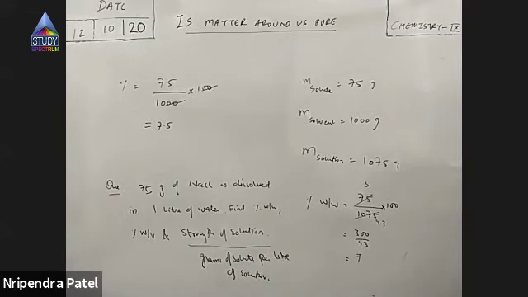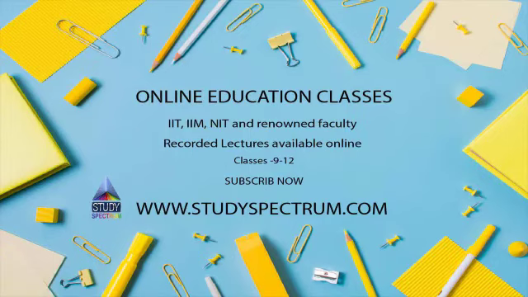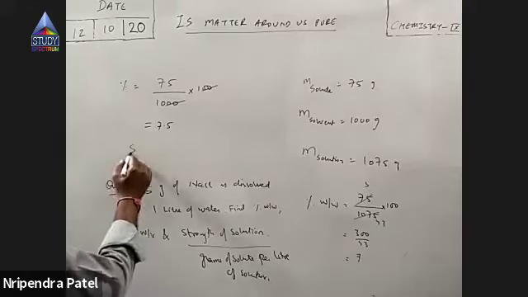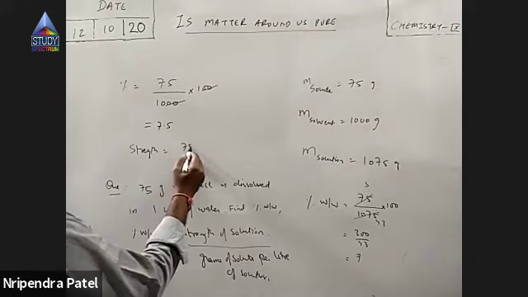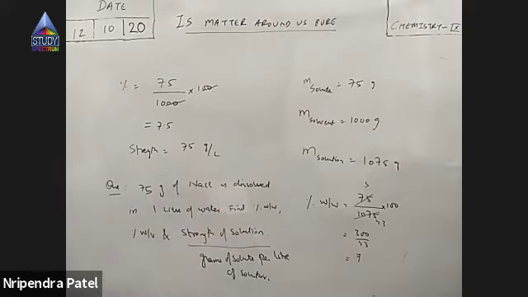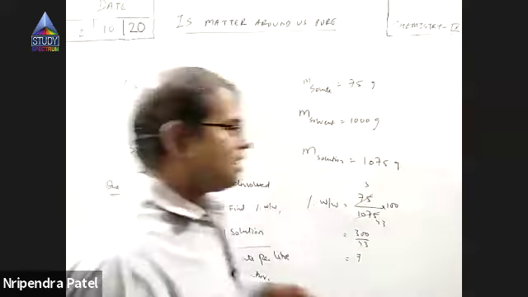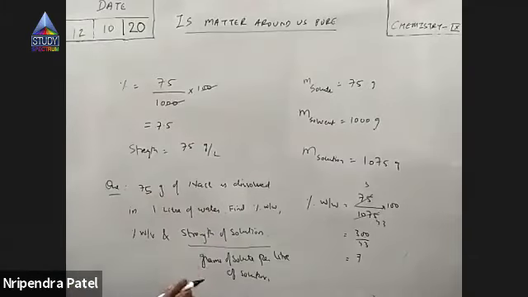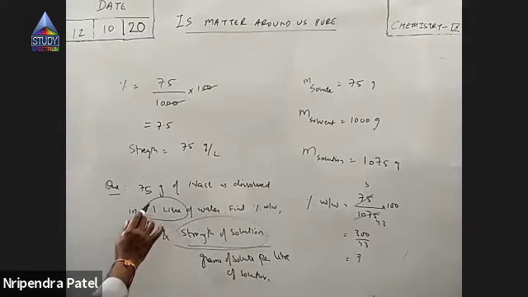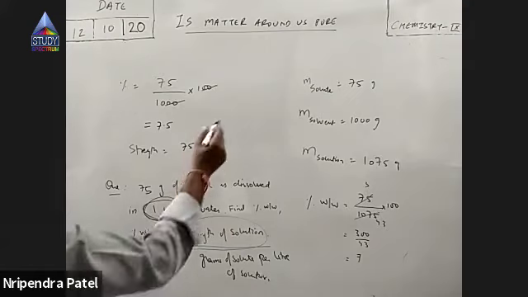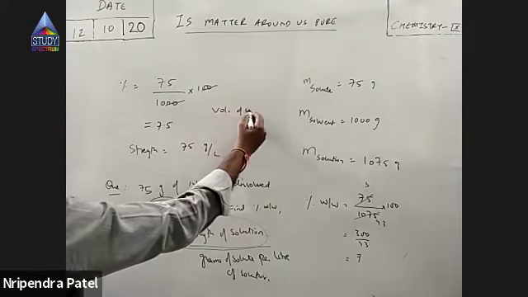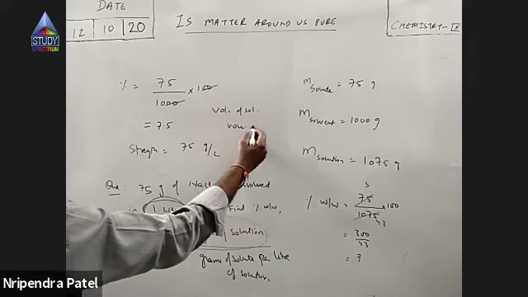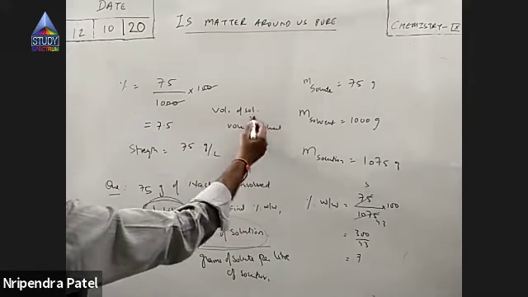How many grams of solute are dissolved in 1 liter of solution in this case? 75 grams. So that's your answer. The strength is 75 gram per liter. That's it. There's one thing that is slightly wrong here: we are treating the volume of solution as the same as the volume of solvent, which is not 100% correct.